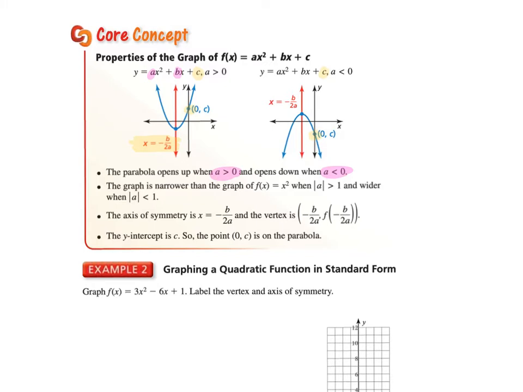If they say the absolute value, they're just looking at the number without the sign. If it is greater than 1, then it's narrower. Sorry, I went backwards.